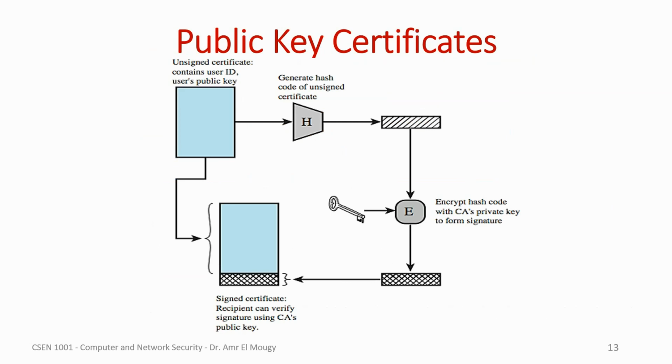One of the most important applications of public key cryptography is what is known as public key certificates. When you access a website and you're using HTTPS, there is a way for the server to give you something called a security certificate, and the goal of the security certificate is for the server to identify its identity for you.